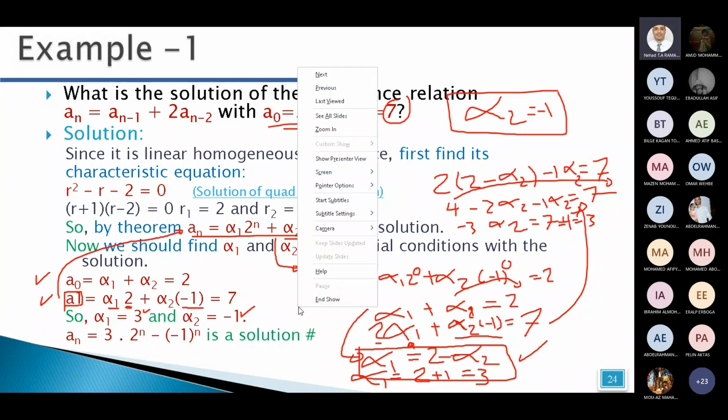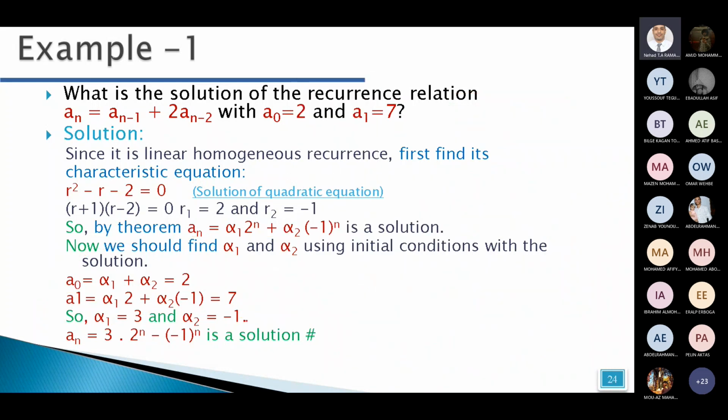So to find the final solution now, we have to put alpha 1 and alpha 2 in their positions. So A n equals alpha 1, which is 3, multiplied by 2 power n, minus 1, because alpha 2 is minus 1, times minus 1 power n.